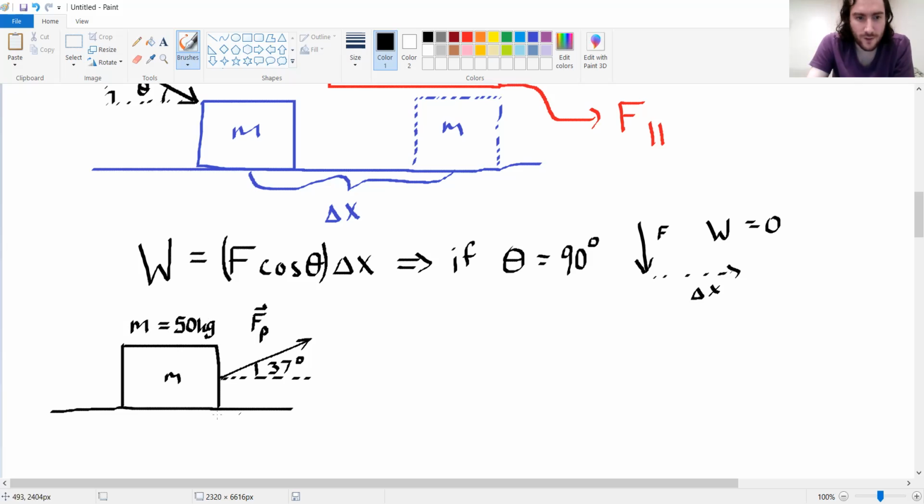And the displacement of the crate when it ends up at its final destination will be 40 meters. And the magnitude of this pulling force, the magnitude, so let me write it without a vector symbol, will be 100 newtons.